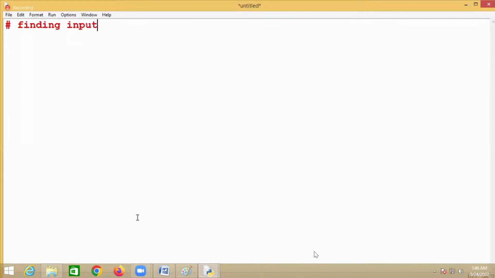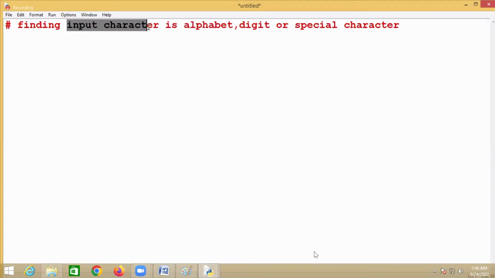For example, finding whether the input character is an alphabet, digit, or special character.